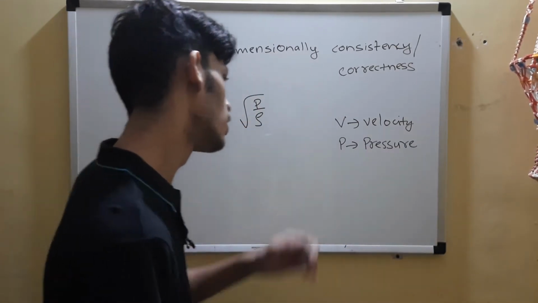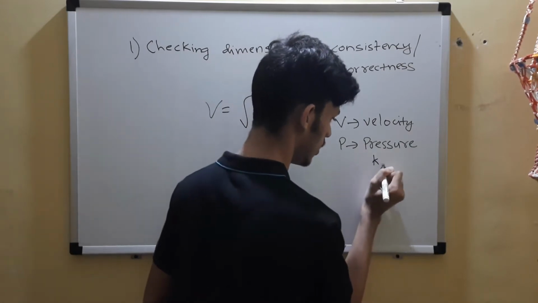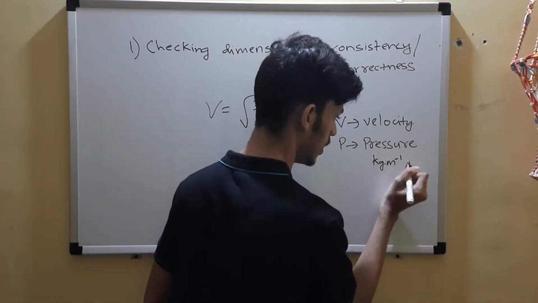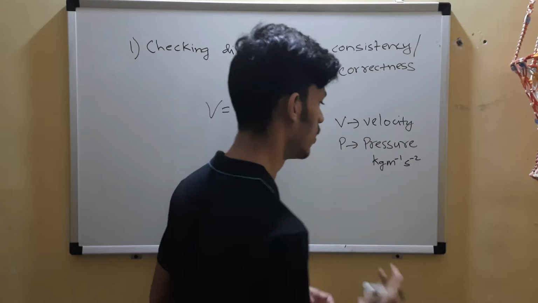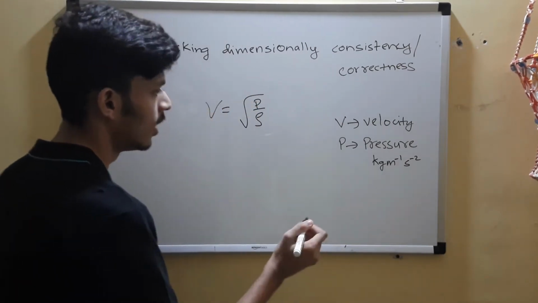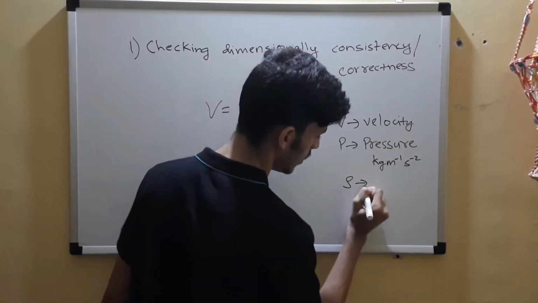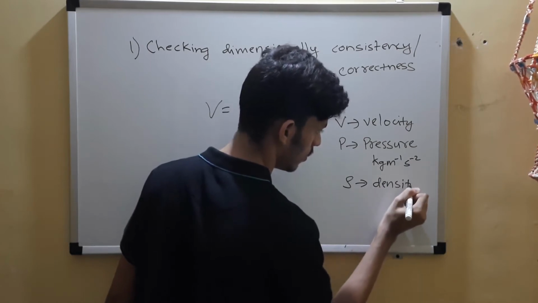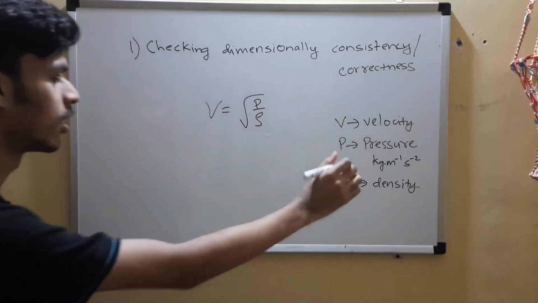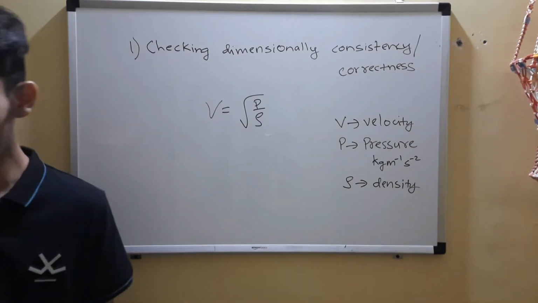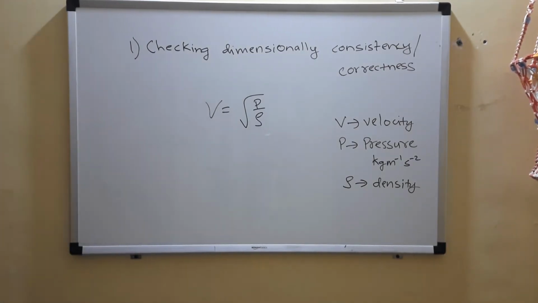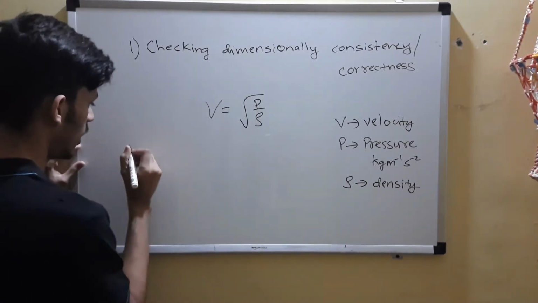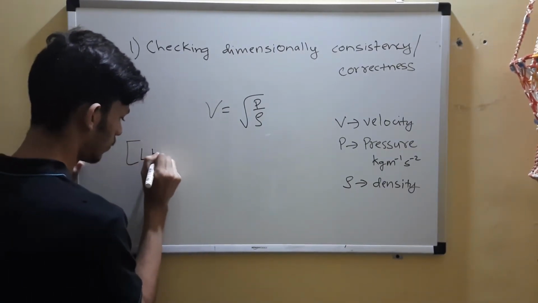So let me give you its unit. It's kg, meter raised to minus 1, second raised to minus 2. Yes, and rho is density, which is mass by volume. Basic. So you'll know its dimension. So I'm not giving you the units. Quickly try it. Just move out of the frame for 2 seconds. Okay, now I'll do it. Pause and try if you want to.